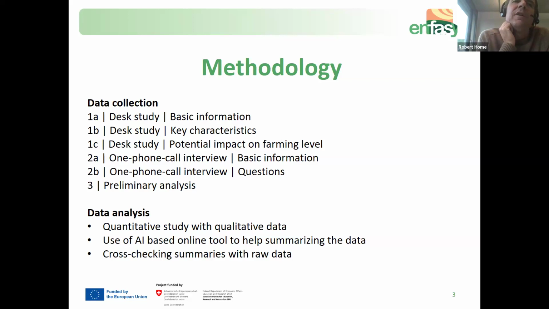If you collect a lot of data in a 1 hour interview, you end up with a lot of information. And if you multiply this 1 hour interview by 101 times, you end up with a very large data set very, very quickly. So a way of processing that was to do a preliminary analysis, by asking the people who actually did the interviews and did the desk study to answer some questions about their interpretations of it.